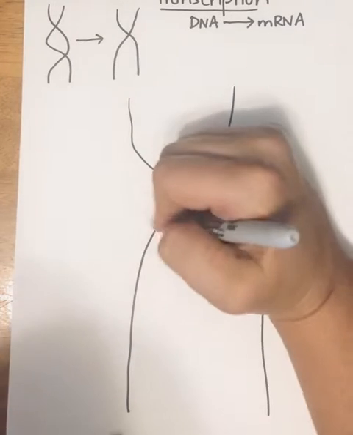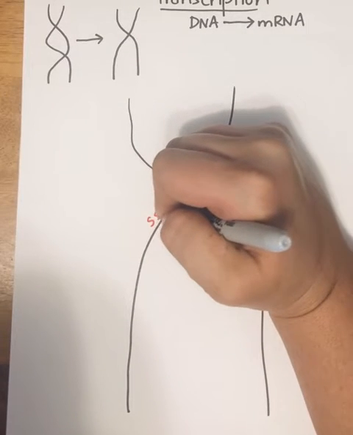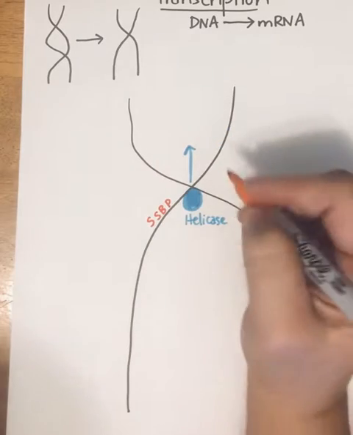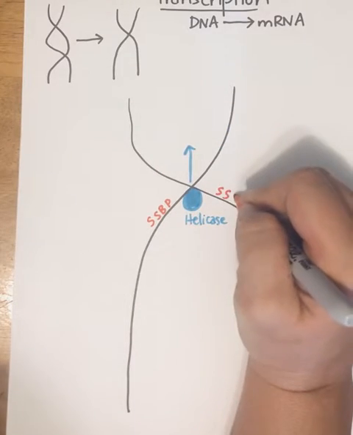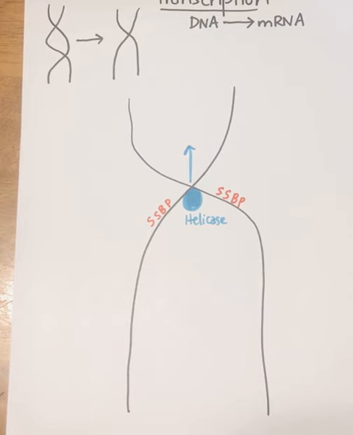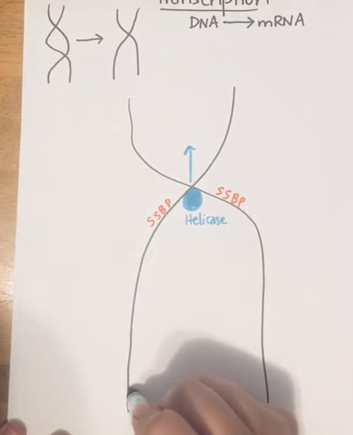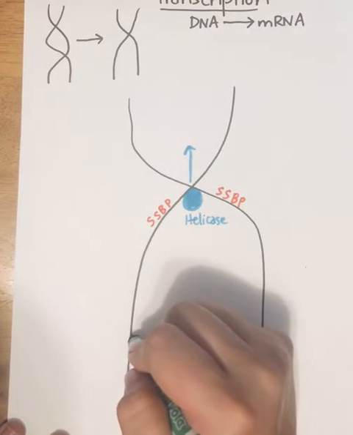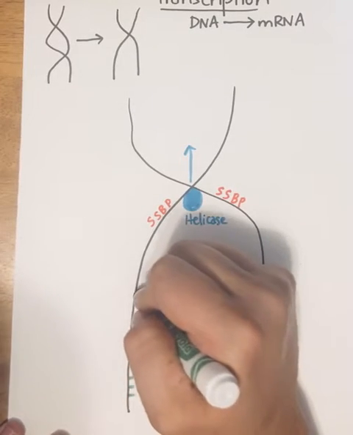Now, single-stranded binding protein, SSBP, is going to prevent DNA from winding up. We always read our DNA in sets of 3 called codons.